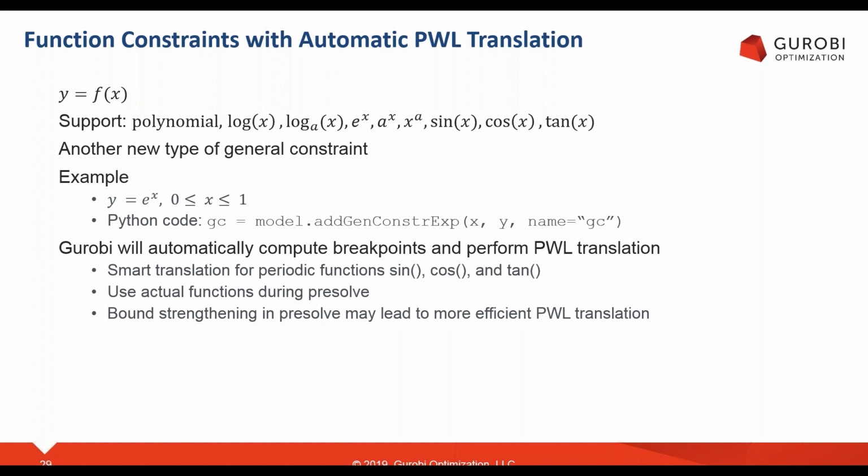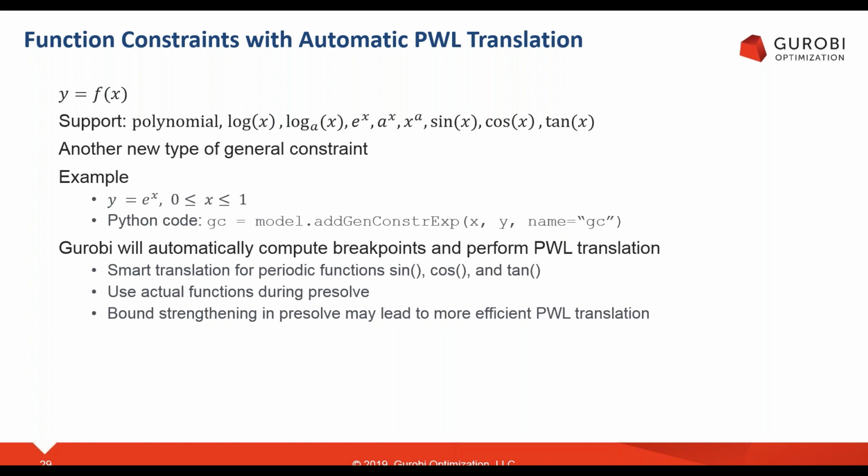And as an example, we look again at the exponent function. So we have again y is equal to e to the power of x that we want to model, with x being between 0 and 1. That we have already done in the previous slides, but you can also do it with this exponent function directly. You just call the addGenConstrExp function given the x and the y, and then you can specify a name for this constraint, and then Gurobi will perform the piecewise linear translation automatically.